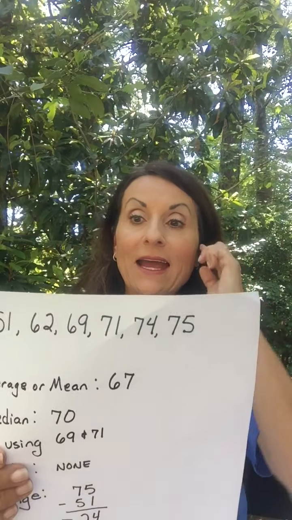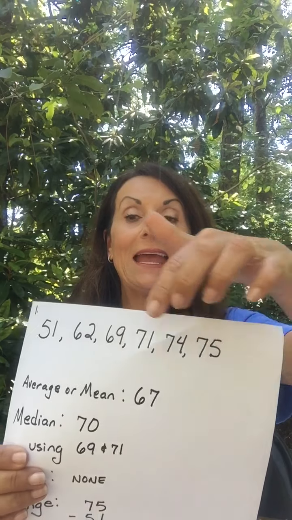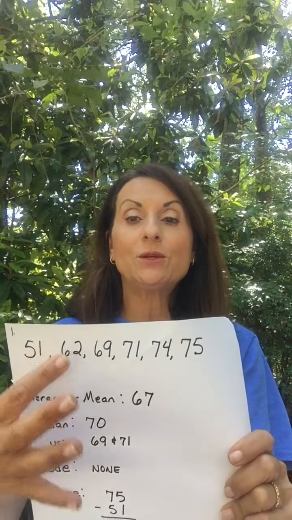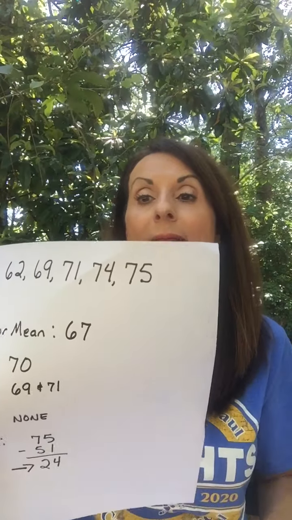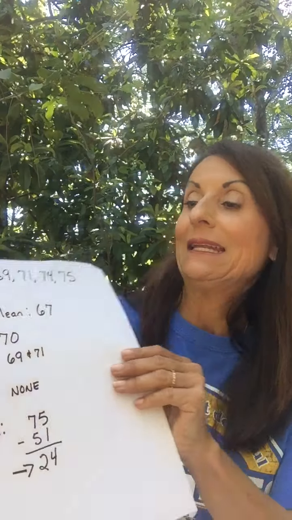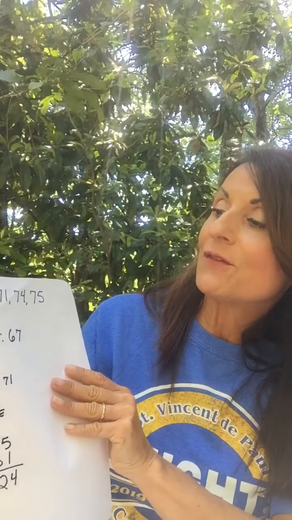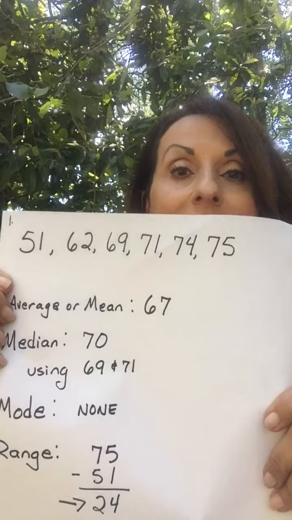Okay, how did you get that? You should have added all of these together and then divided by the number of numbers. 1, 2, 3, 4, 5, 6. Okay. Then the median is 70. I have to get the average of the 2 middle numbers because there's 6 numbers, and that's an even number.